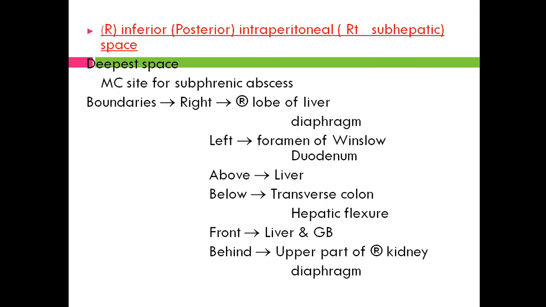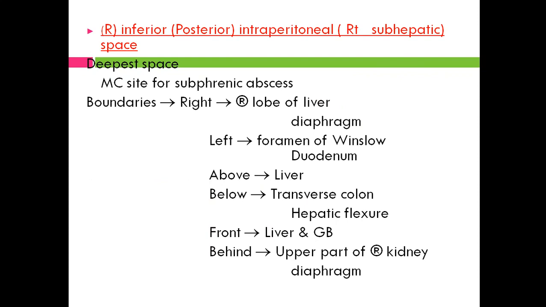Now the deepest space is the right subhepatic space. This is the most common site of the subphrenic abscess. So the boundaries are: right you have the right lobe of liver, the diaphragm. The left you have the epiploic foramen or the foramen of Winslow and the duodenum.